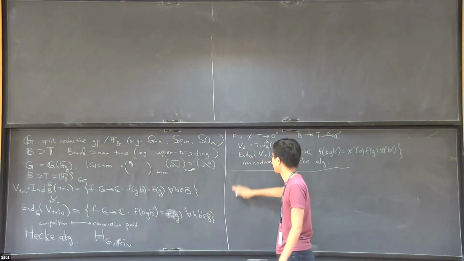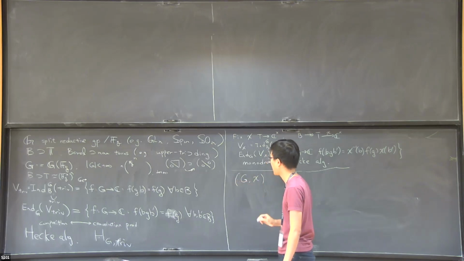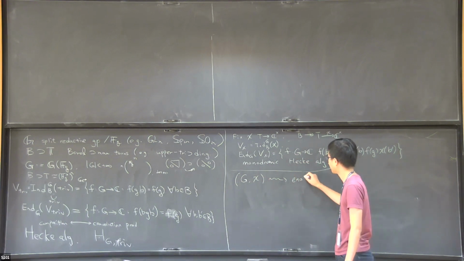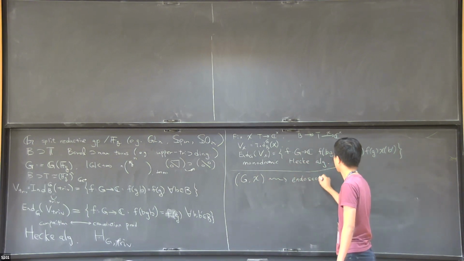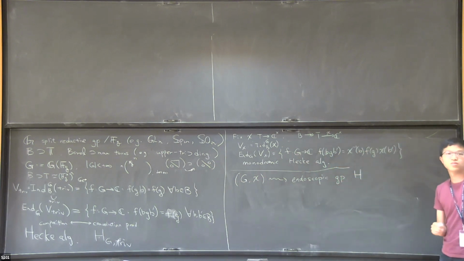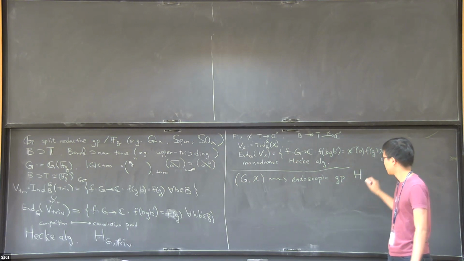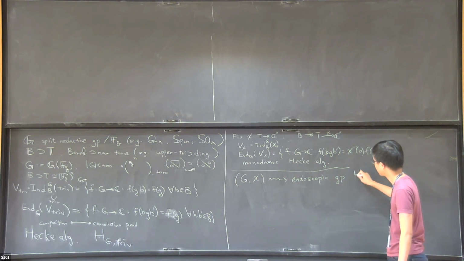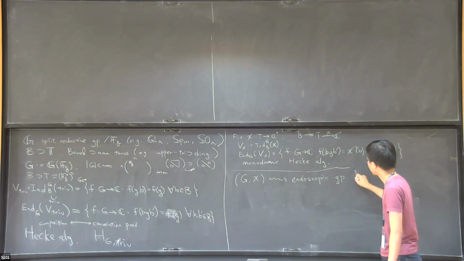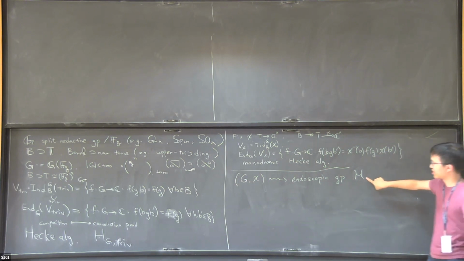So from a pair G and chi, I could associate an endoscopic group.